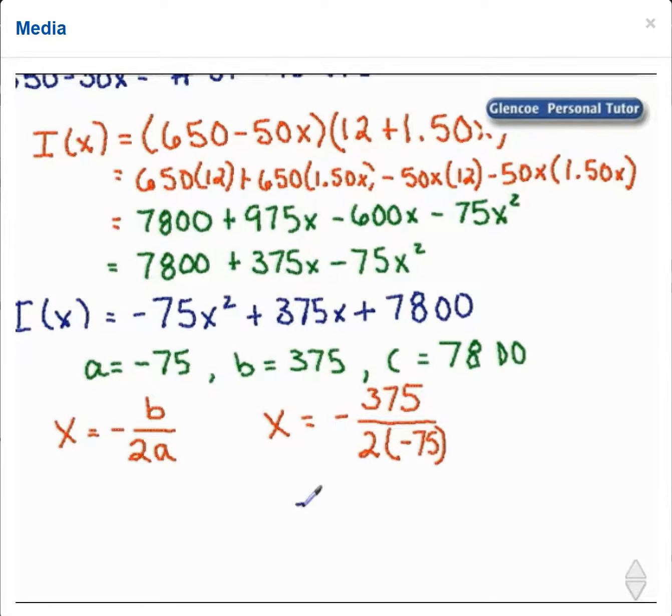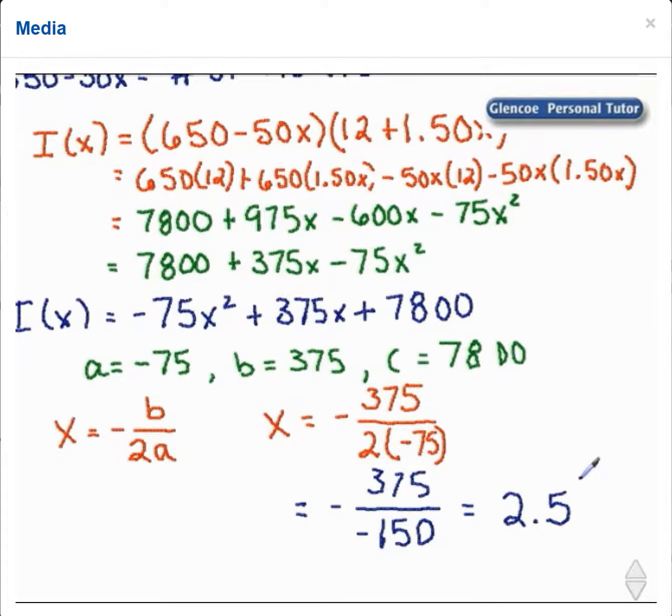This will simplify to negative 375 over negative 150, and that will be a positive 2.5. So in other words, in order to maximize the income for the amusement park, the owner needs to increase the price of the ticket by $1.50 2.5 times.